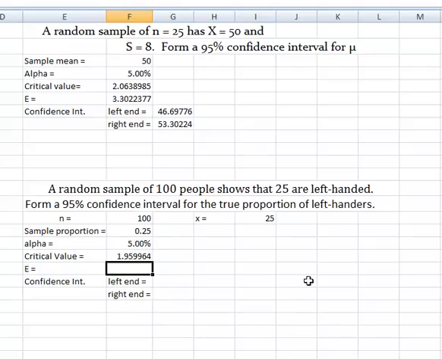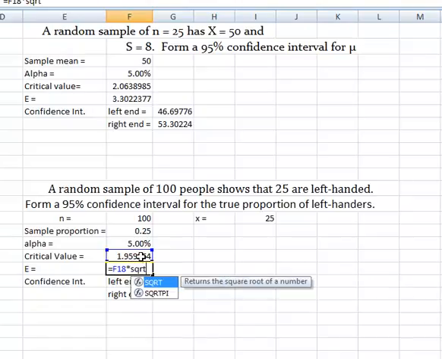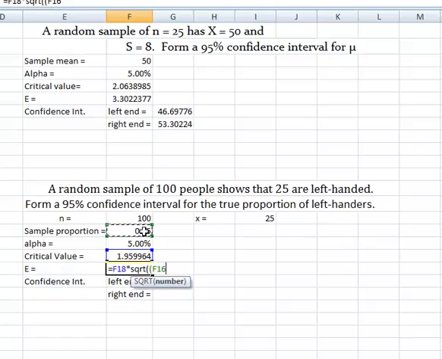Next, the margin of error. Be careful, this is Z times SQRT. Then you have the numerator: P is 0.25 times 1 minus P. Then divide by n, where n is 100.